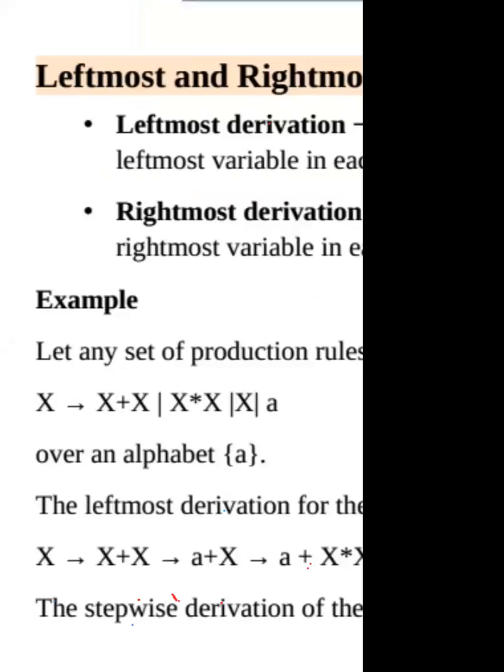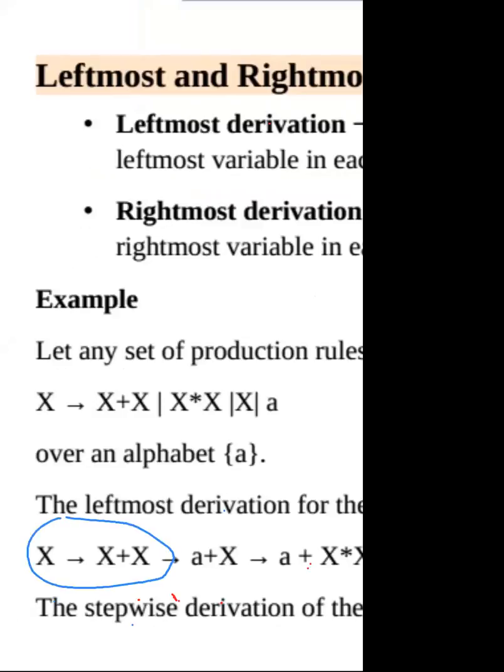First we use this production, X implies X plus X. Now, look, in this production on the right hand side, you have two non-terminals, X and X, right? We have this X and also this X. On the right hand side, we have two non-terminals, X plus X.